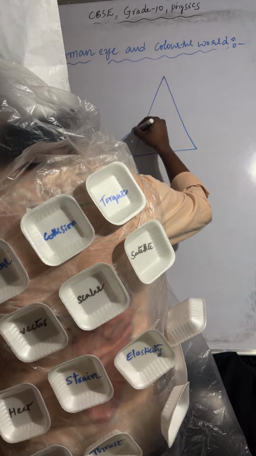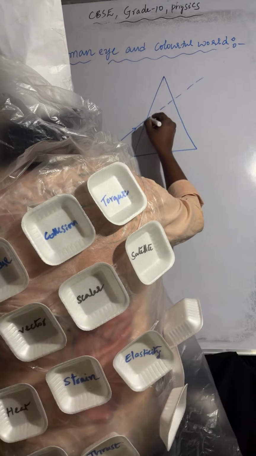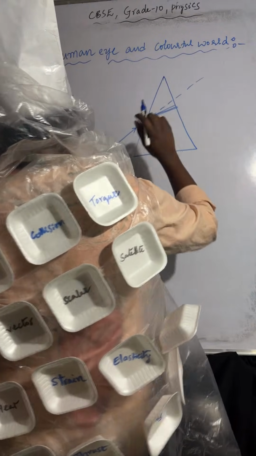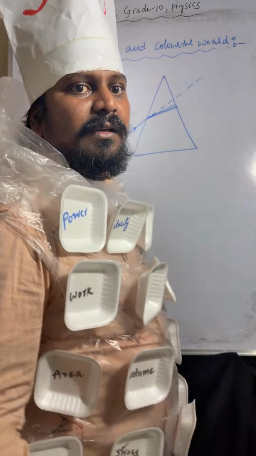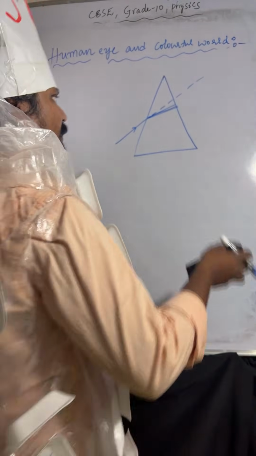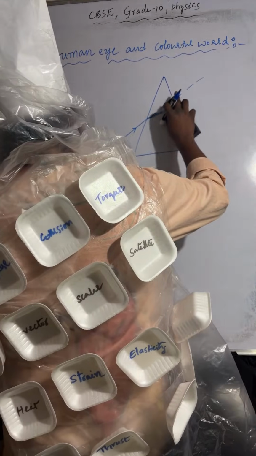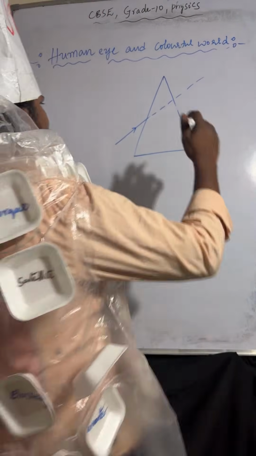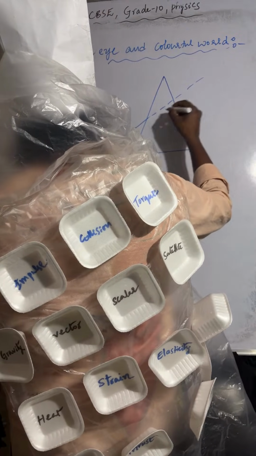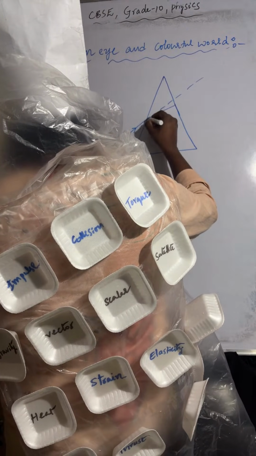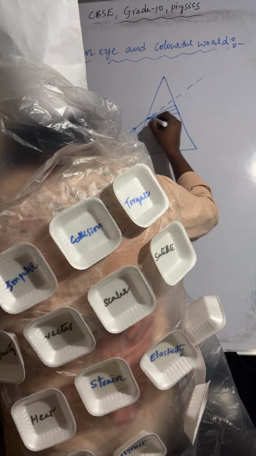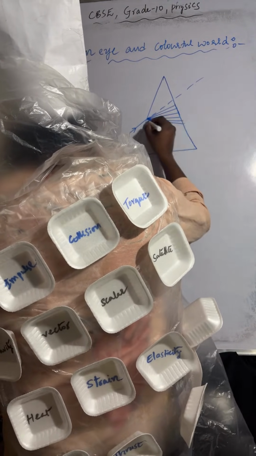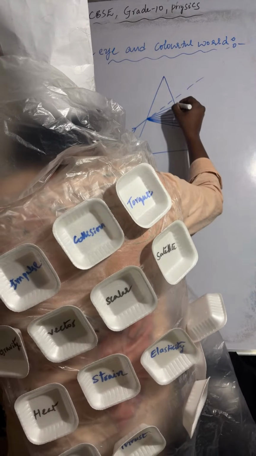It splits into 7 colors: 1, 2, 3, 4, 5, 6, 7.